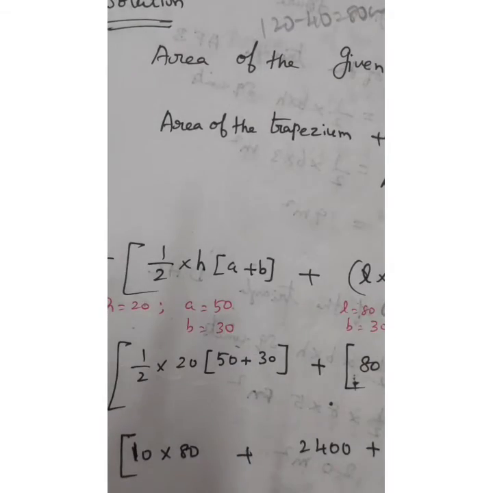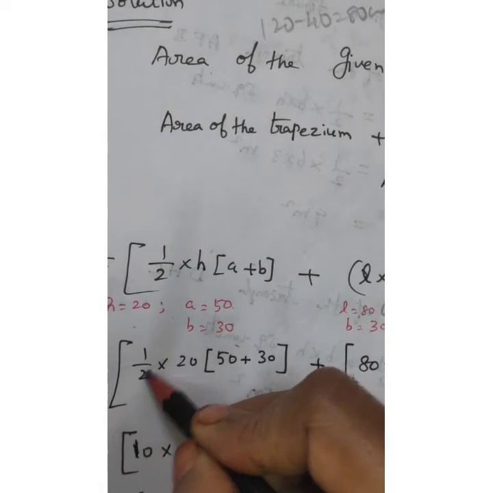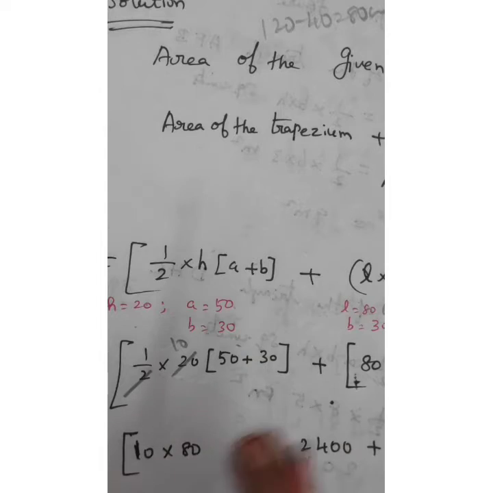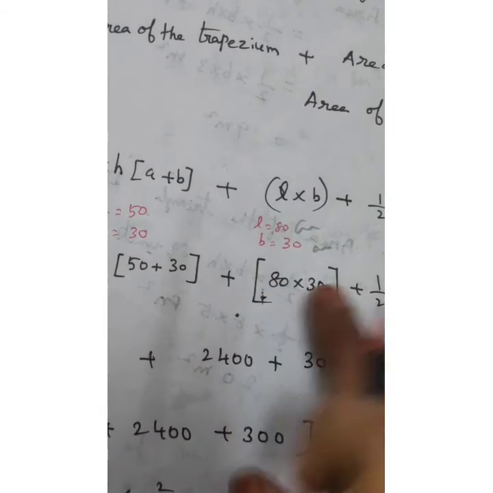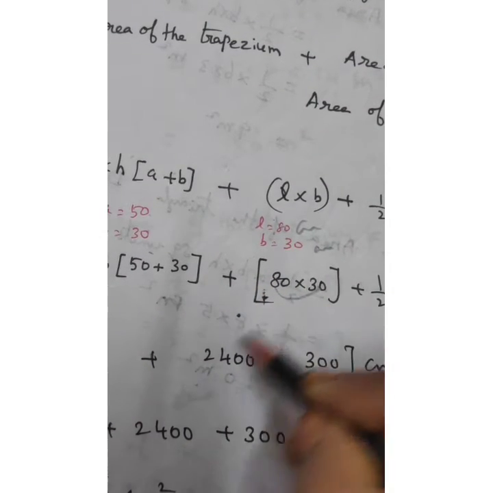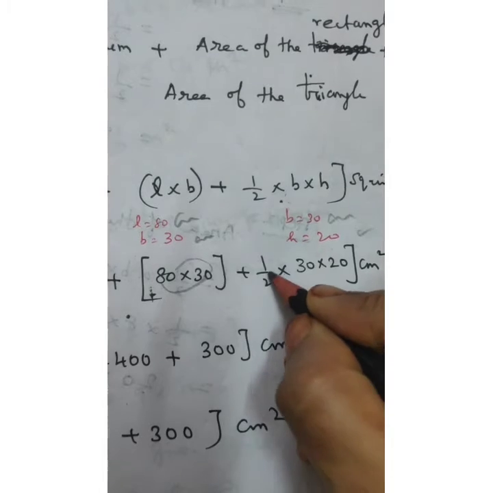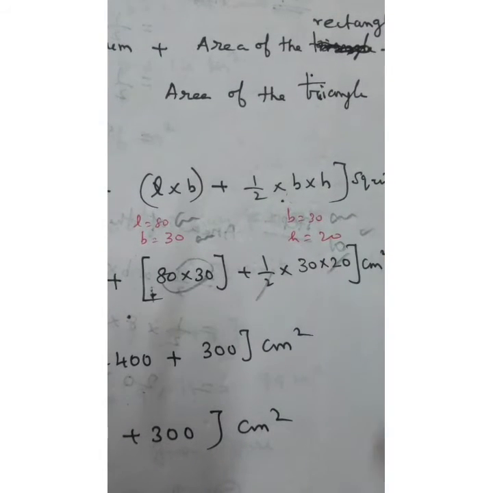Now 1 into 20 you divide. 1 2 is 2, 10 2s are 20. 10 into 50 plus 30 equal to 80. Plus these two numbers multiply: 8 3s are 24, and write the two zeros here. Plus 1 by 2 into, so these two numbers you multiply: 1 2 is 2, 10 2s are 20, 30 into 10 equal to 300.